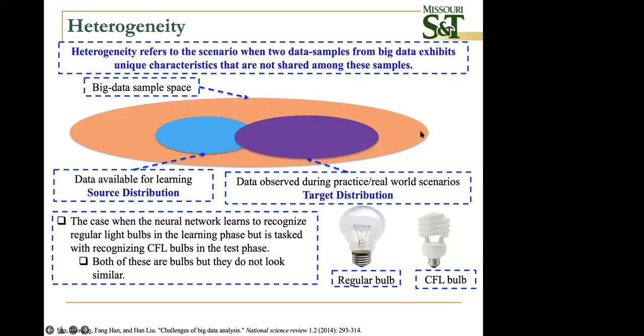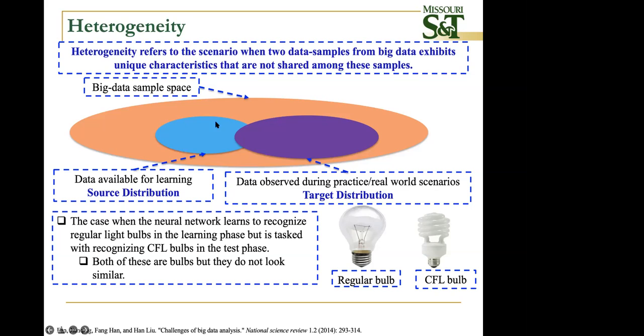Okay. So what is heterogeneity? Heterogeneity refers to the scenario where 2 data samples from the big data exhibit unique characteristics that are not shared among these samples. That's the problem with big data. If you take samples from 2 different places, the statistical properties are completely different. Here is the big data sample space, for instance, and if I take a sample from here and another one, there's a little overlap.